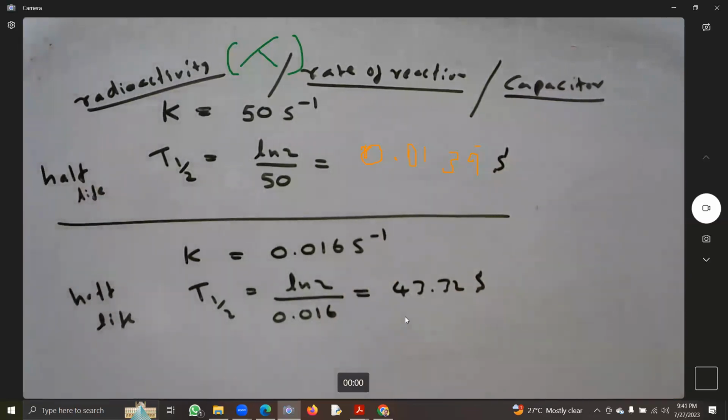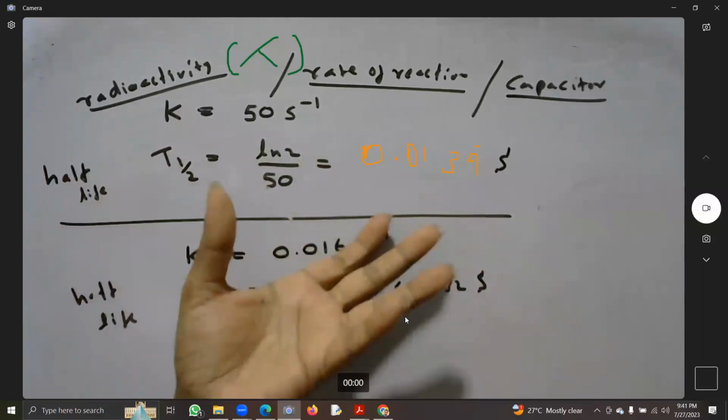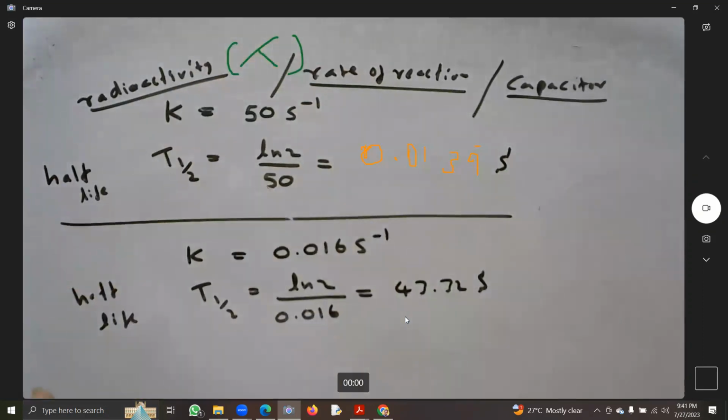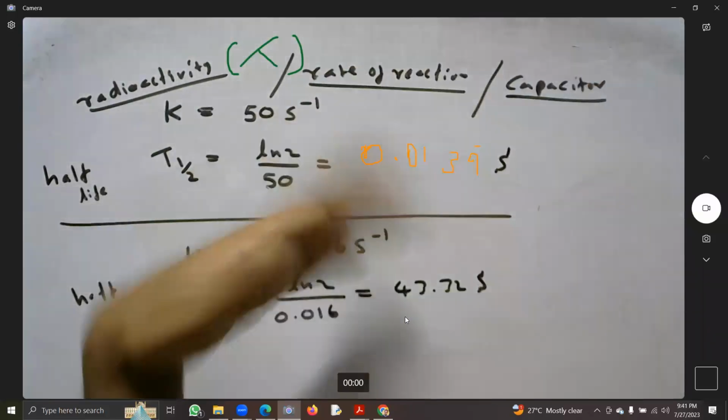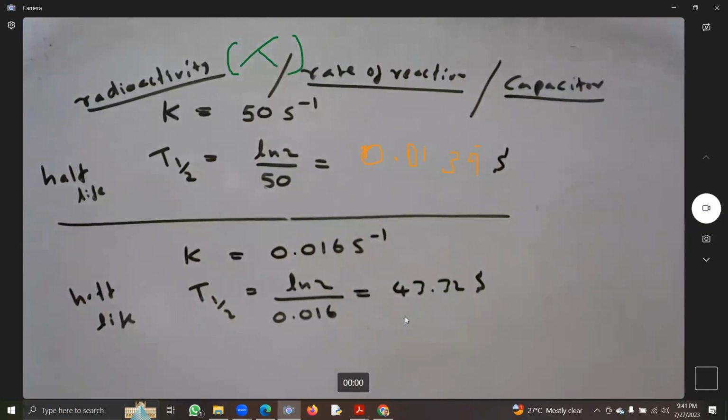Should we copy this down? Yes, copy this. This is relevant to the chapter. It can be radioactivity, rate of reaction, or capacitor half-life. It's the same thing. So 50 s to the power minus 1 means 50 per second.